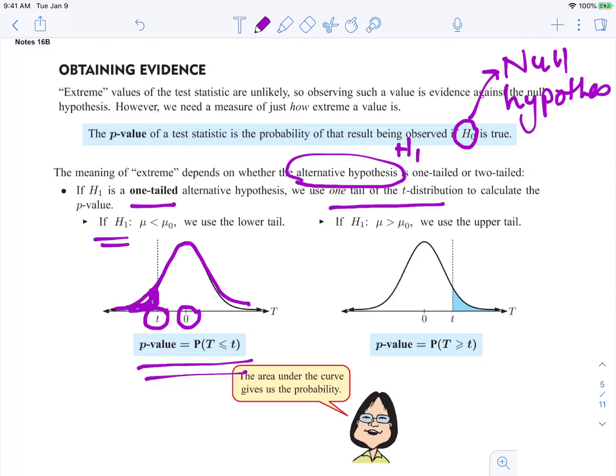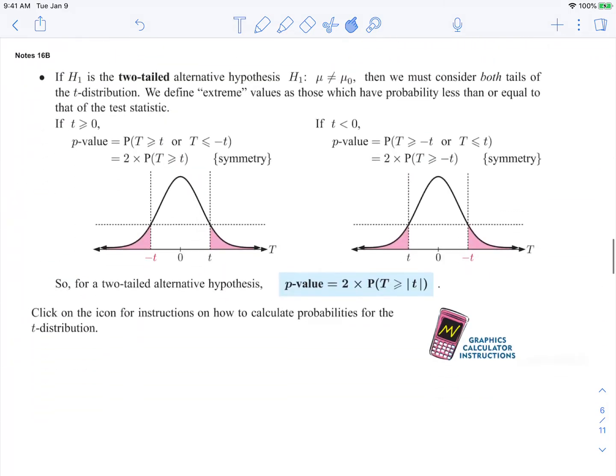If it is greater than, then we would use the upper tail. Sometimes we have a two-tailed t-test. So here's the negative t, here's the positive t.